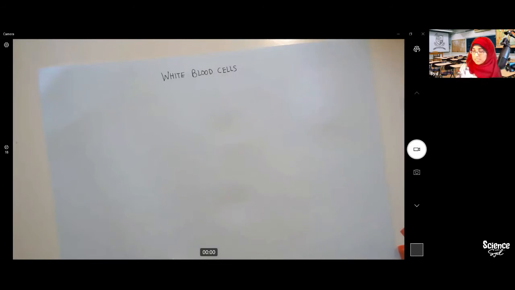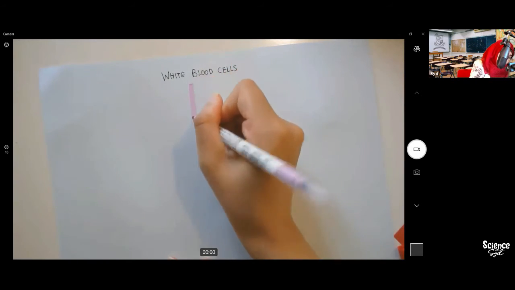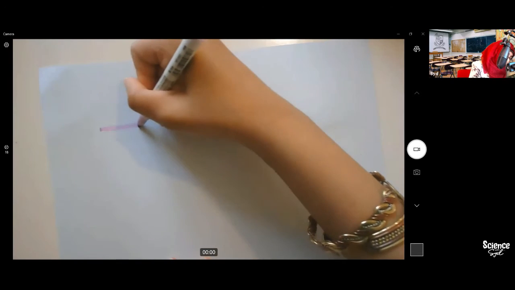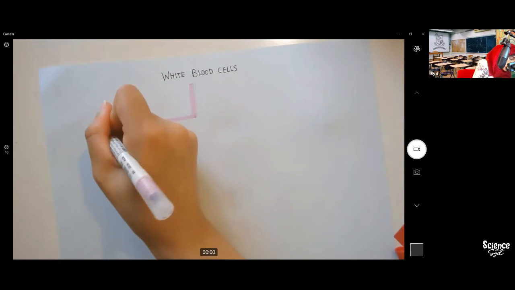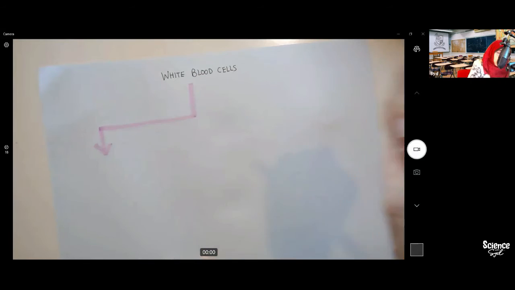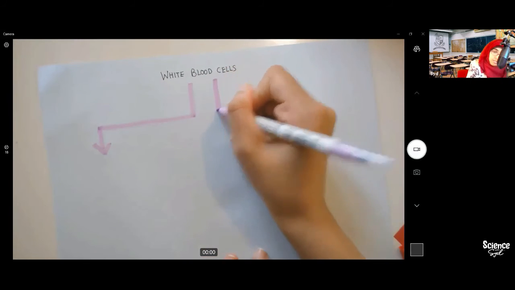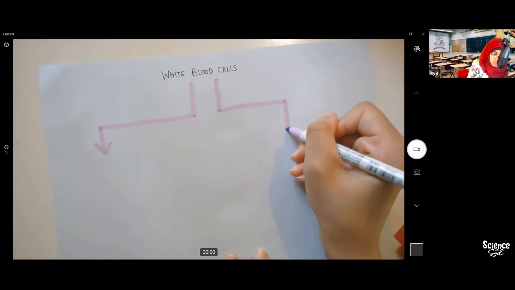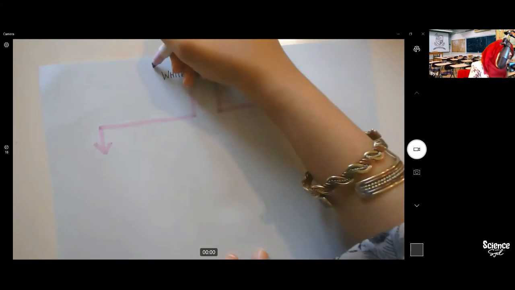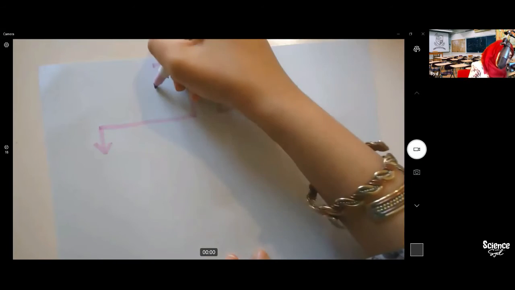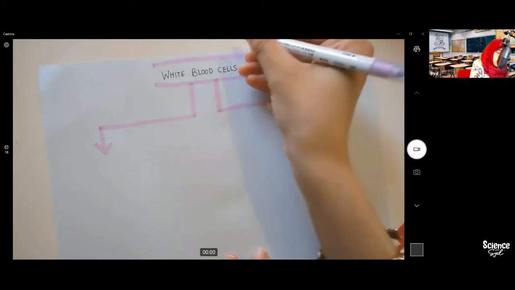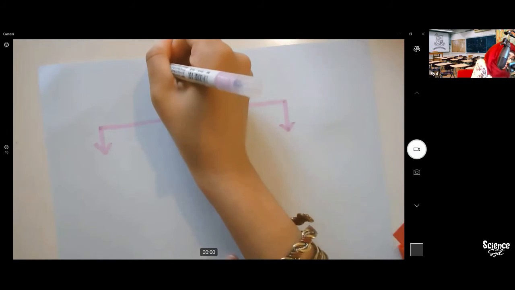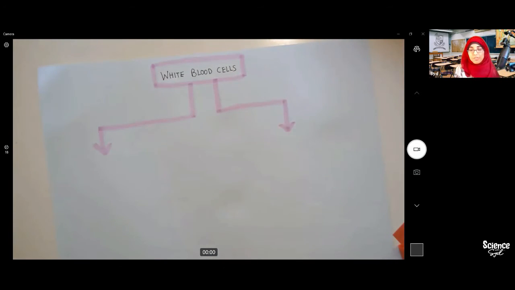And then I'm going to get my felt tips out because I'm going to create some arrows. One arrow coming down here, and another arrow coming down here. And I'm going to put a square around this over here.